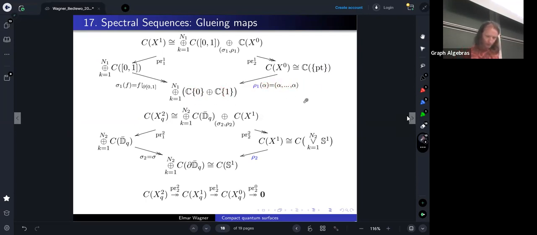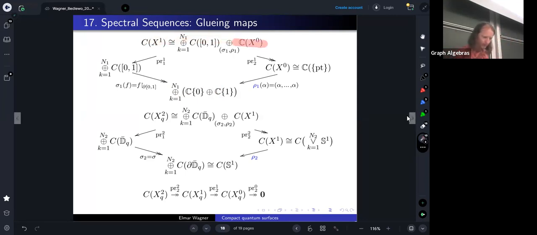So these two points get identified. Any two points get identified with alpha. They don't separate anymore. So all these points are glued to one point, and this gives our one skeleton. For the zero skeleton, it's completely trivial.